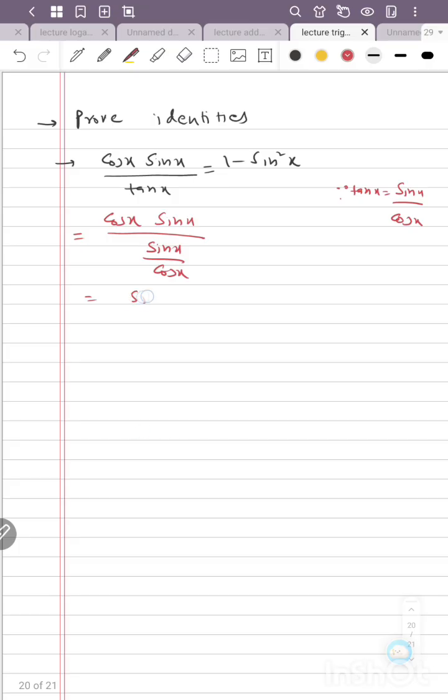Now sin x cos x divided by sin x over cos x, because this portion is divided, we flip their positions and multiply.